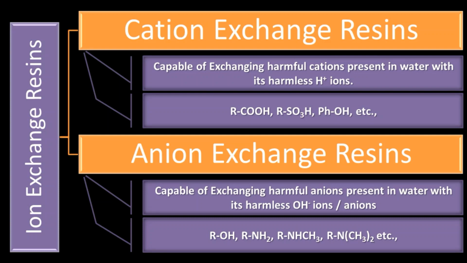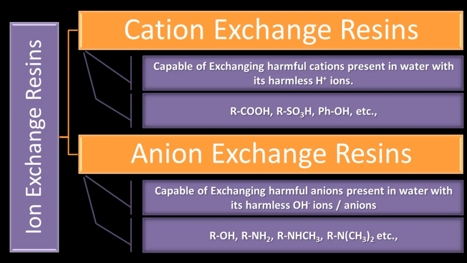These cation exchange resins exchange harmful cations present in water with their harmless H plus ions, which means that the cation exchange resin contains H plus ions and gives the H plus ions to water and takes up the cations of water. The cation exchange resins usually contain functional groups like carboxylic acid, sulfonic acid, phenol groups, etc.